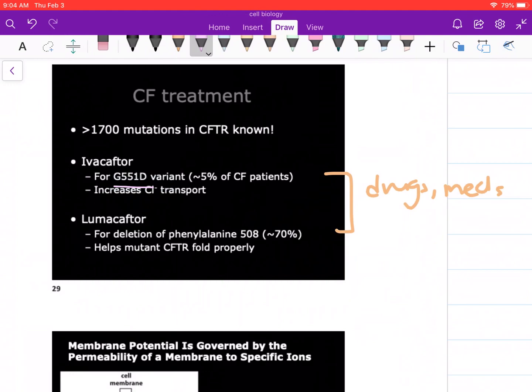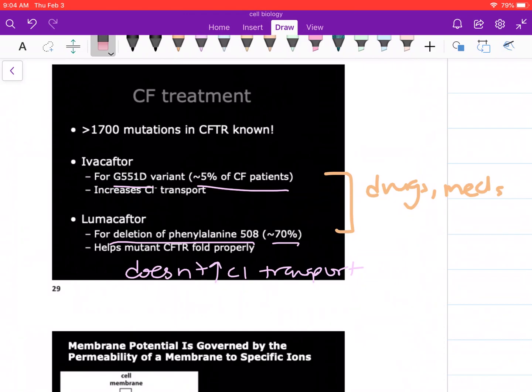This other drug is for this other mutation that actually is about 70% of people who are affected with CFTR. It doesn't increase chloride ion transport, but it helps the mutated protein fold. All right, remember how we talked about how the primary structure is what determines how the protein folds? The mutation changes the primary structure, so it changes how it folds.